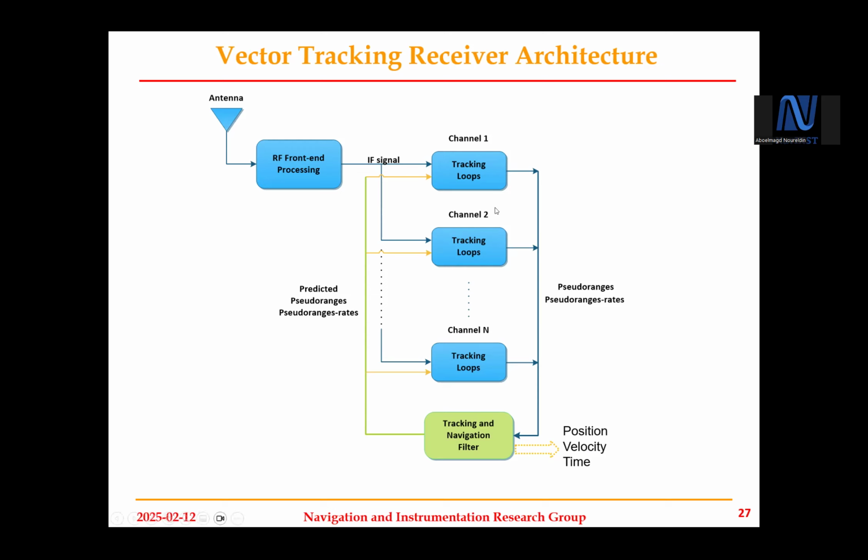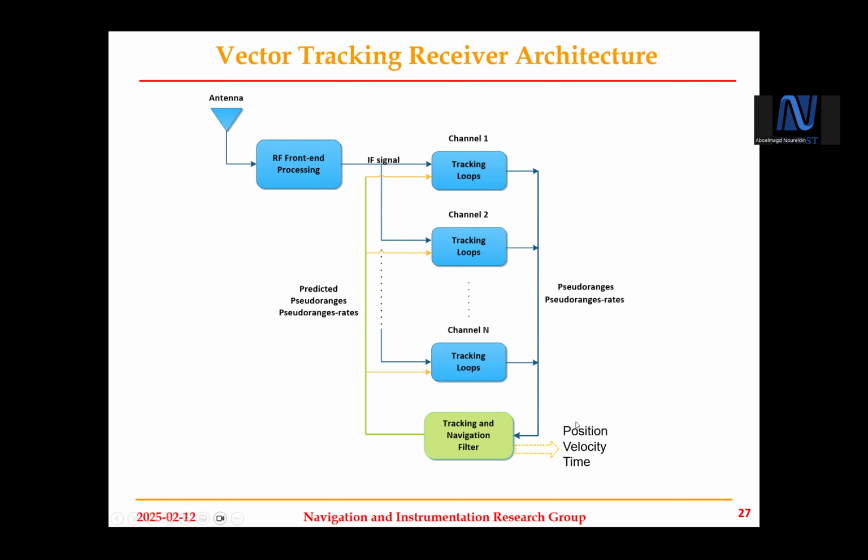If this channel is only slightly away from the best estimation for either the delay or the frequency, we can assist it. We don't let this channel fail unless it's severely away. If it needs only a little push or adjustment, we can tell it to adjust itself so we can keep it in the loop and we get a better estimation.